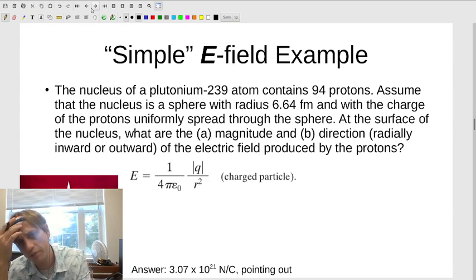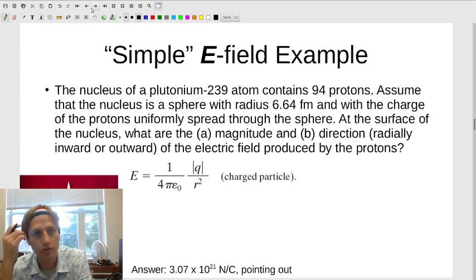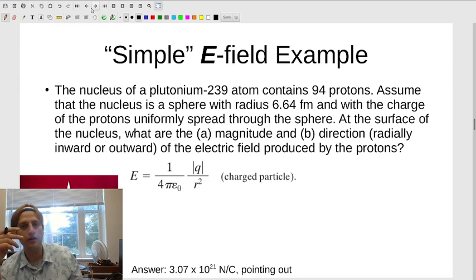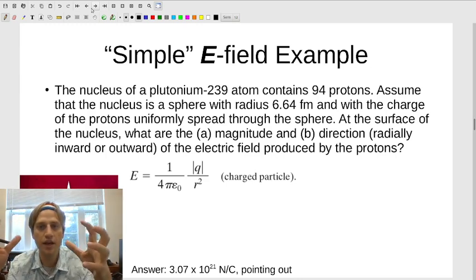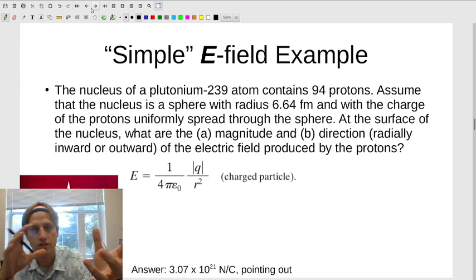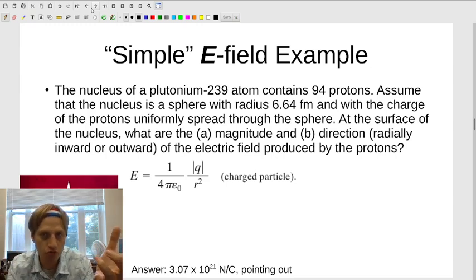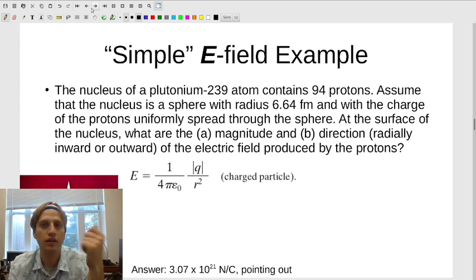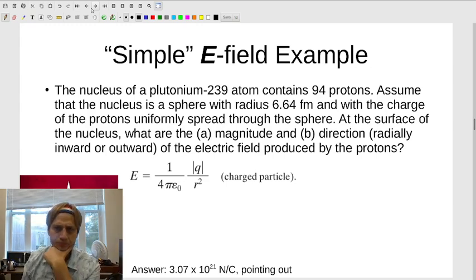So here's a simple example. Let's say that you have a nucleus of a plutonium-239 atom with 94 protons. Plutonium is famously radioactive, but the idea here is that the nucleus has both protons and neutrons, and if you have a lot more neutrons than protons, that causes instability. Here are the 94 protons.